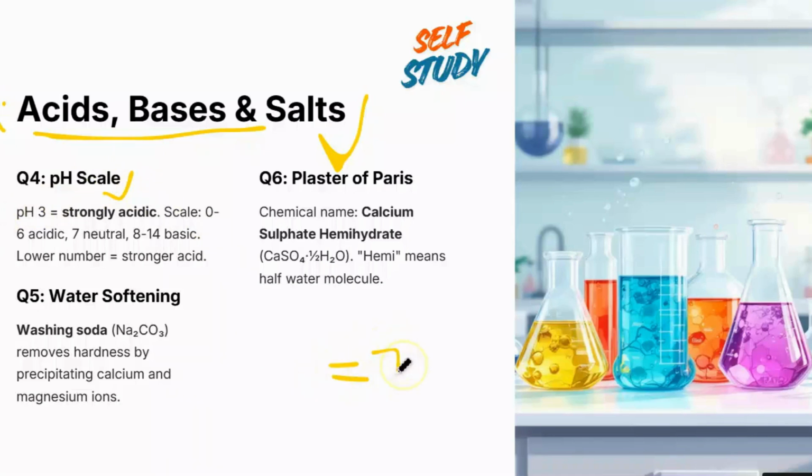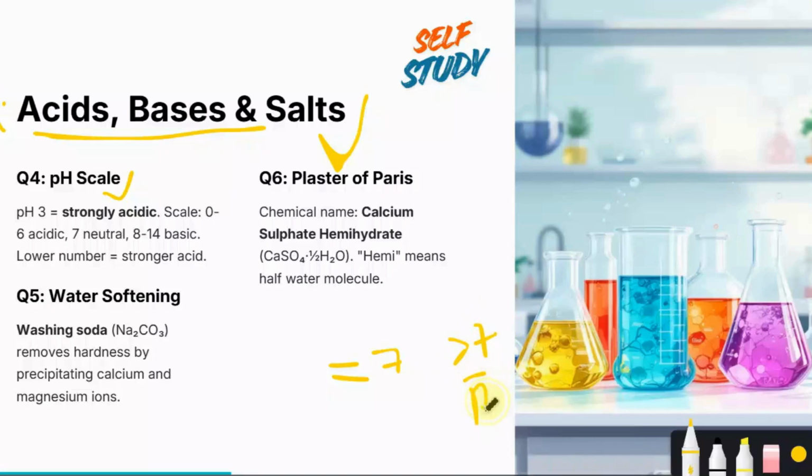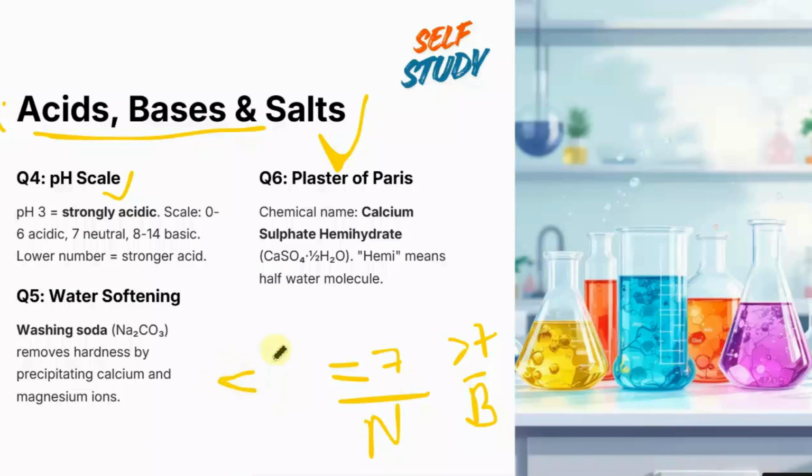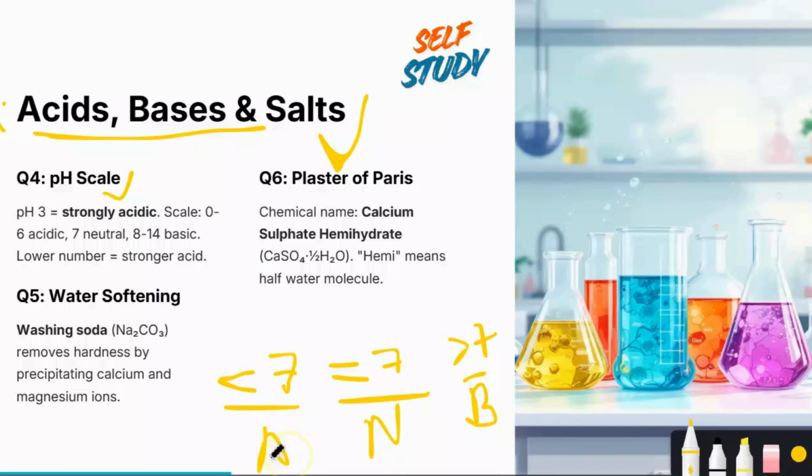You want to remember this: if pH equals 7, it is neutral. If pH is greater than 7, it is basic. If pH is less than 7, it is acidic.